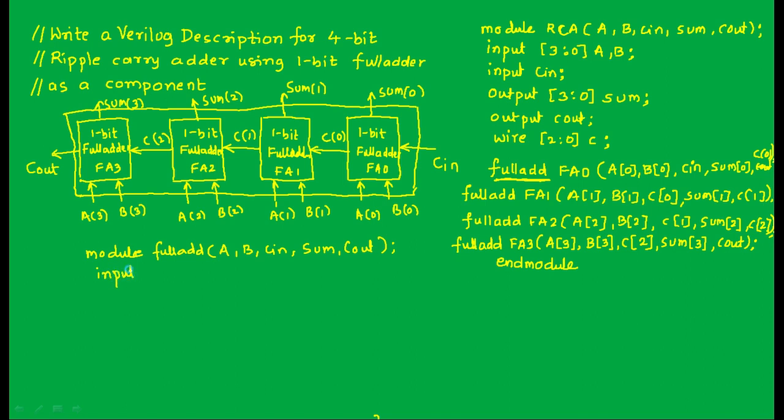This full adder lower level can be implemented using the data flow style of description. Then assign sum equal to A XOR B XOR Cin.